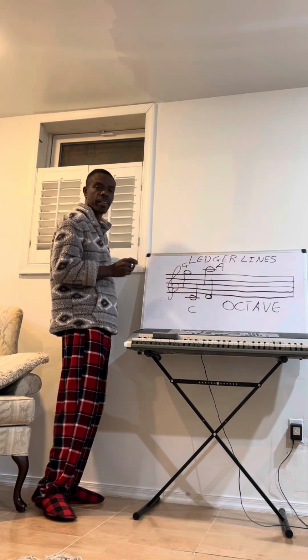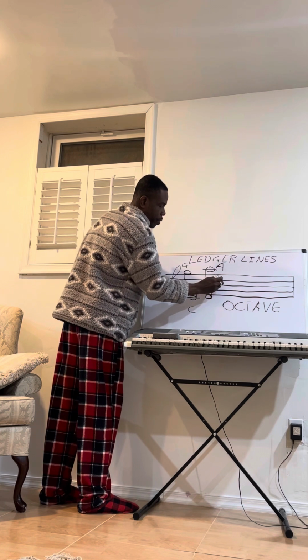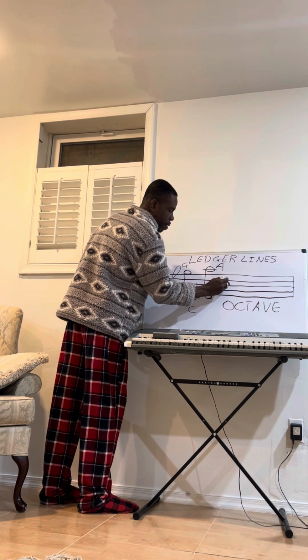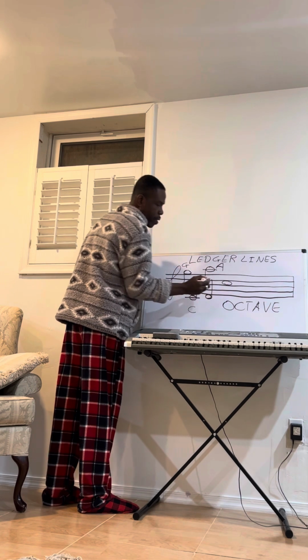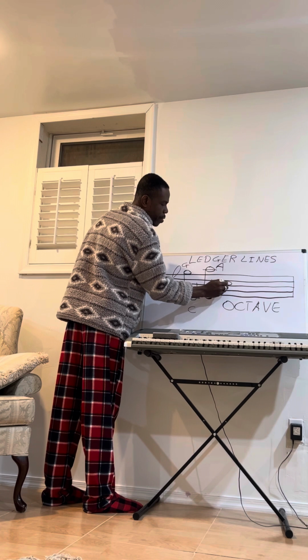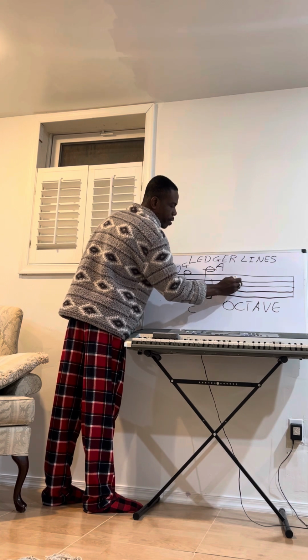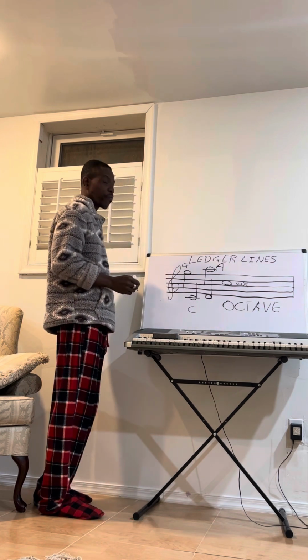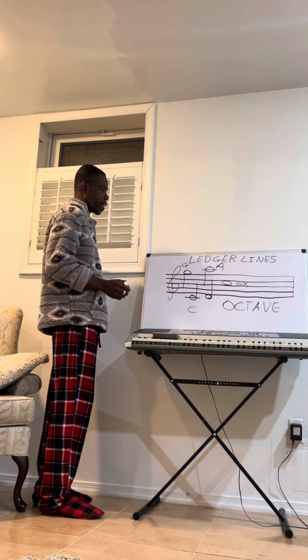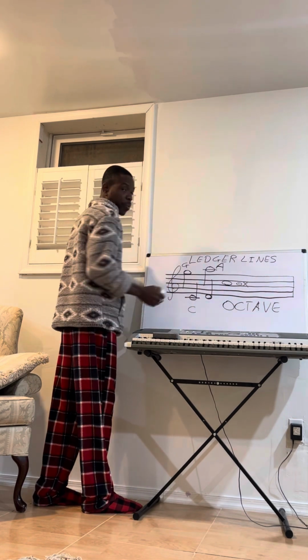That's not it as yet. When you're writing notes in the space, the notes must take up the entire space. The entire space. So this is unacceptable. Must fill the space. And this is the important part of the note, the head.